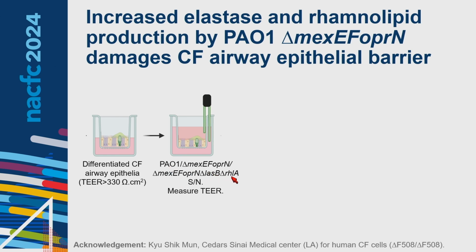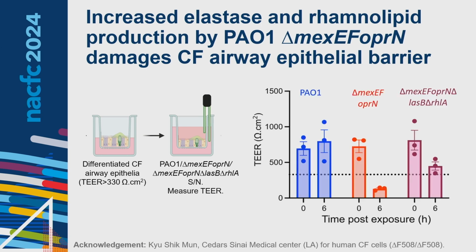The supernatant would contain these secreted virulence factors, elastase and rhamnolipids, and a decrease in the transepithelial resistance below 330 ohm centimeter square was considered CF airway epithelial barrier damage. We observed that the epithelial barriers exposed to the mutant showed a decrease in transepithelial resistance, and abrogating elastase and rhamnolipid expression reduced CF airway epithelial barrier damage.